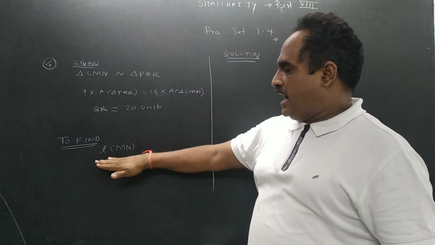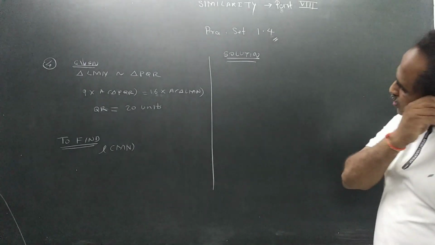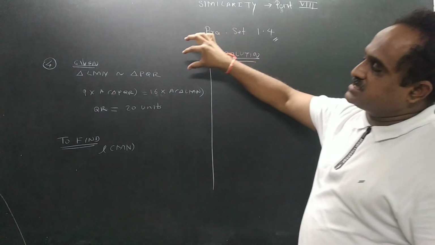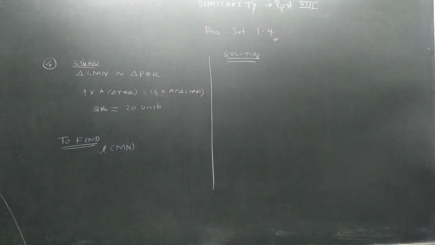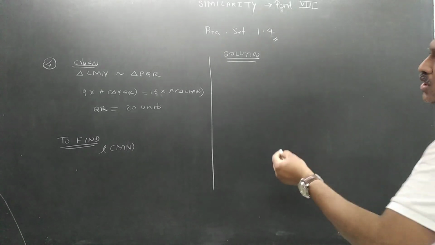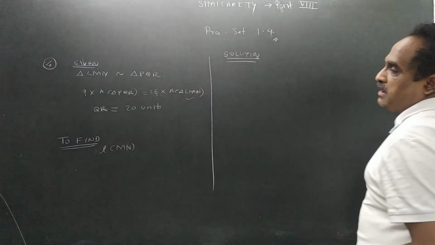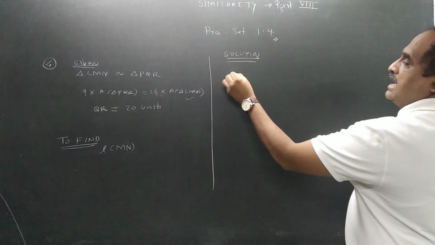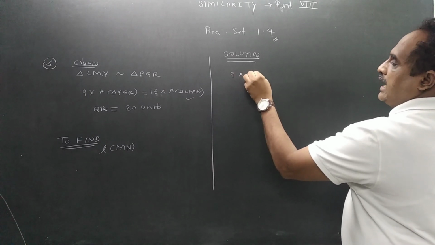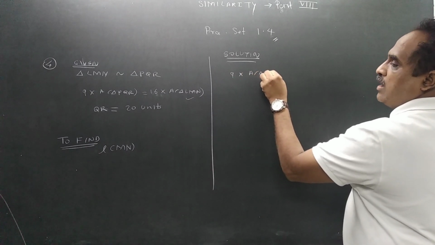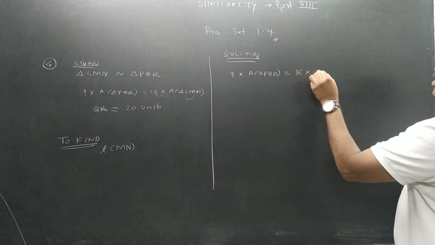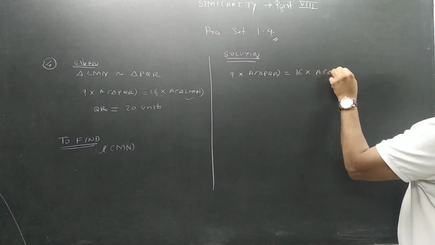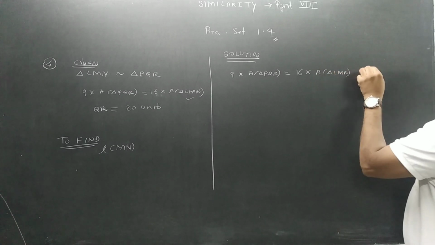QR is 20 and they have asked for MN. So they have given that these triangles are similar and areas are given. Then blindly we are going to make use of the theorem on areas of two similar triangles. So I'll first make use of this part, that 9 into area of triangle PQR is equal to 16 into area of triangle LMN. This is given.